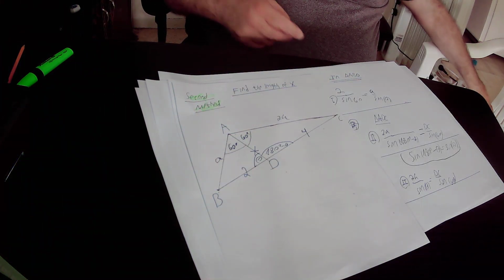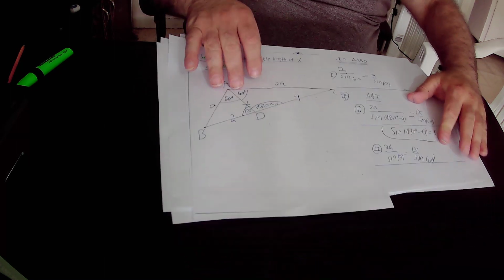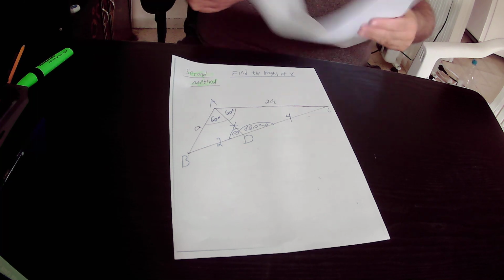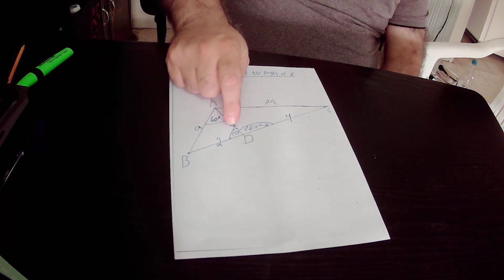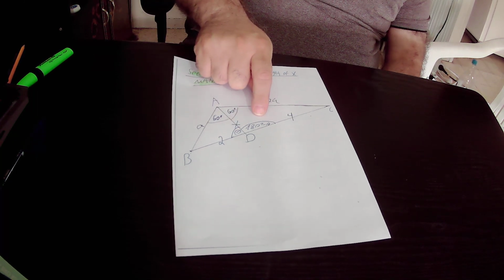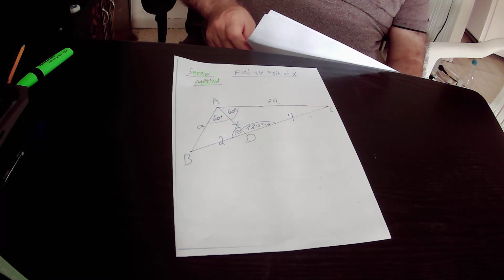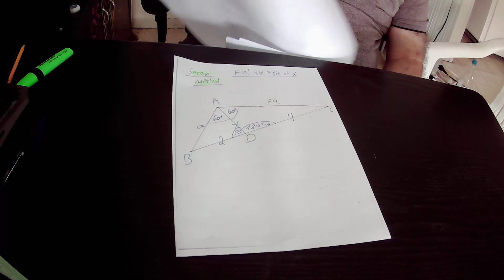Then I presented to you the second method to find the length of line segment AD that is equal to x. Here we define this angle as theta, therefore this angle must be equal to 180 degrees minus theta. Then I presented to you the law of sines.